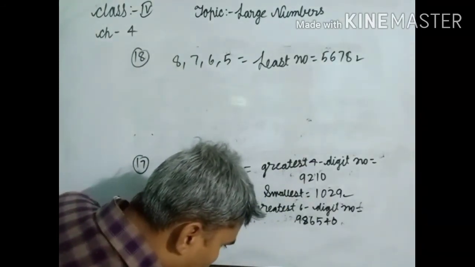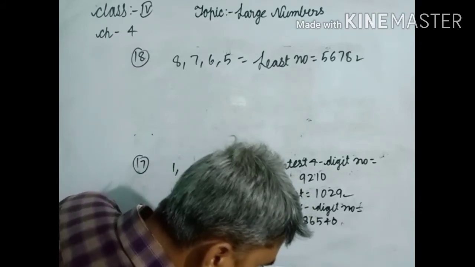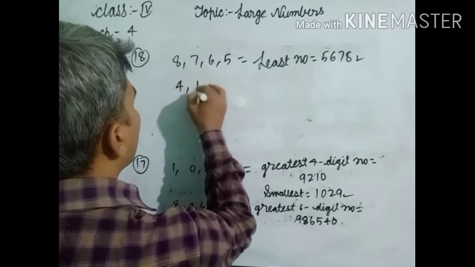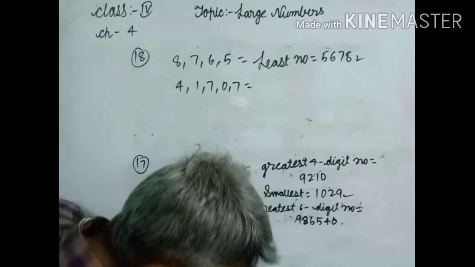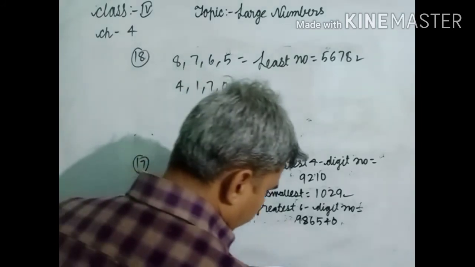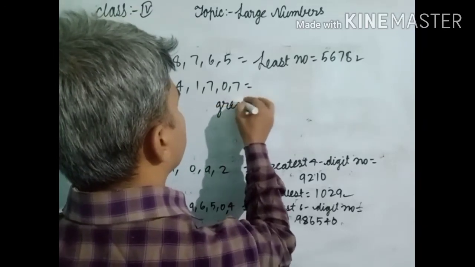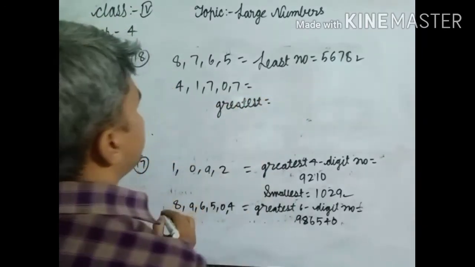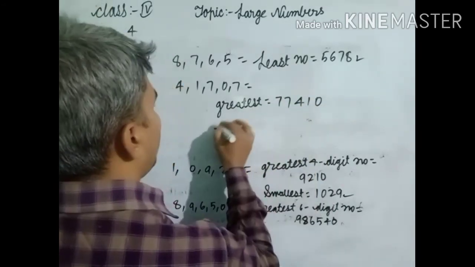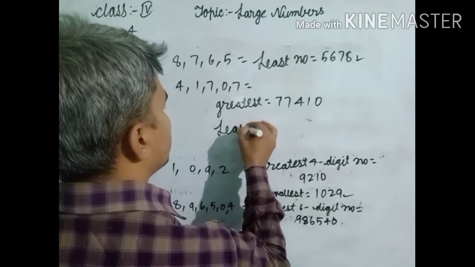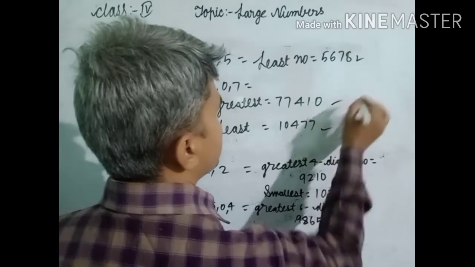And last, write the least and the greatest using the given digits 4, 1, 7, 0, 7. Greatest number 77,410 and least, smallest number is equal to 10,477. These are your answers.